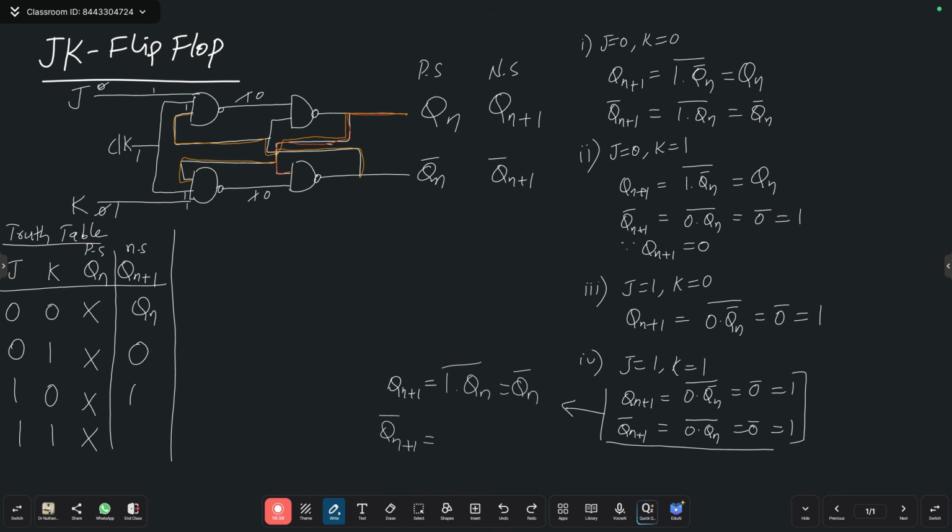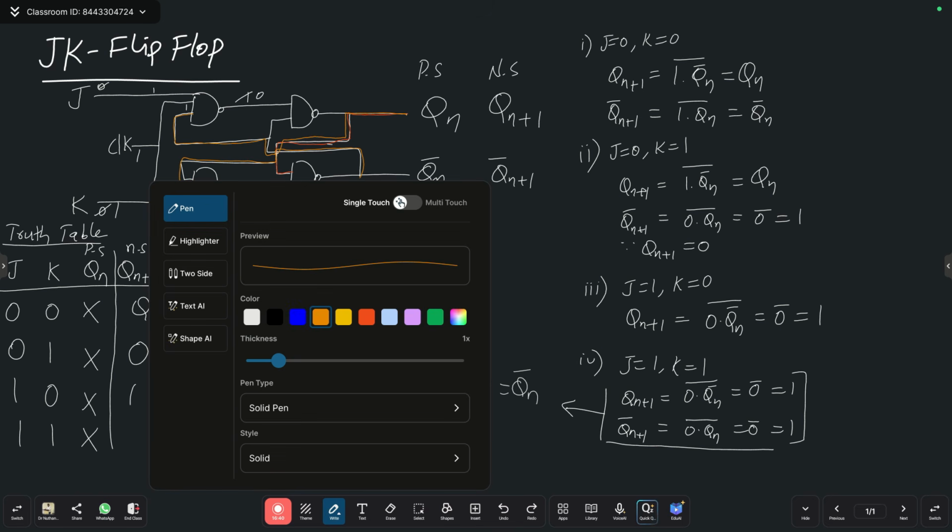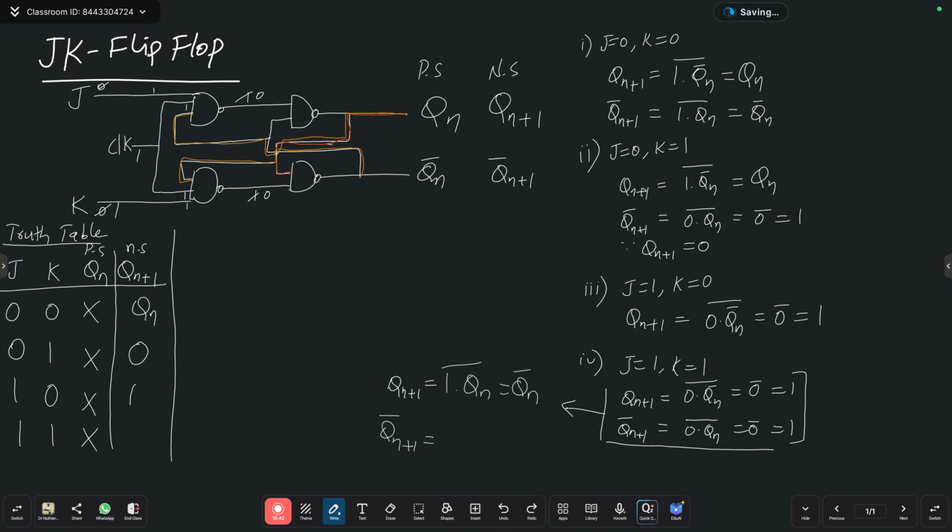Got it? Toggle line you choose. So in this case, what is going to happen? Again, 1 into Qn bar, all bar. What is going to happen? Qn. So now toggling has happened.